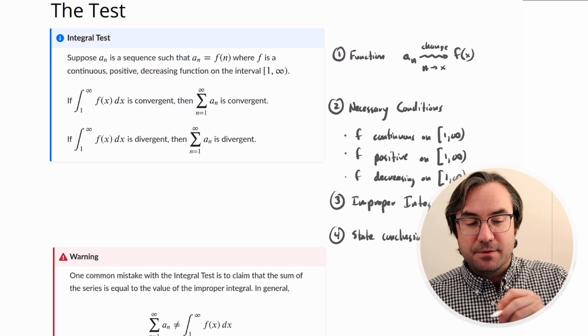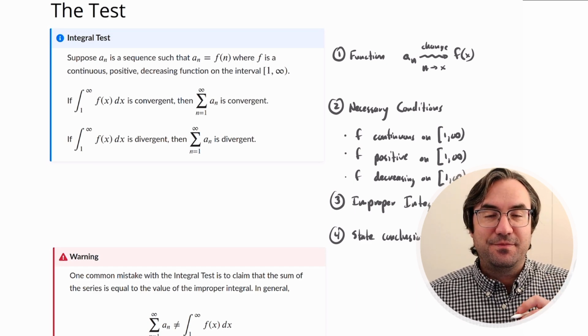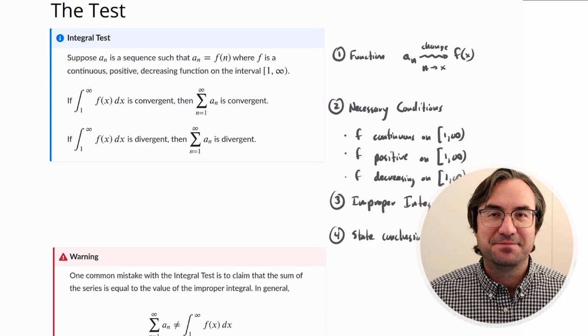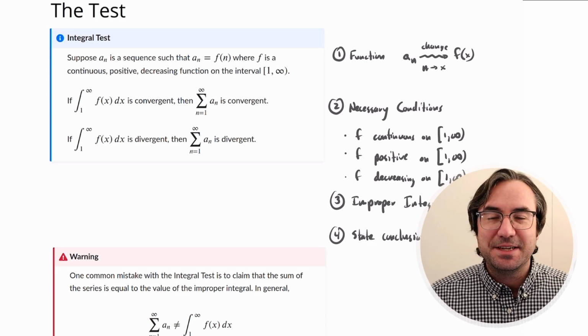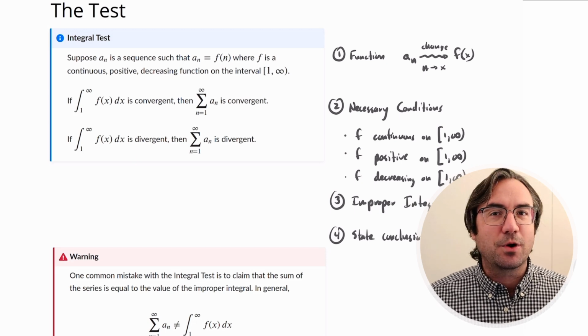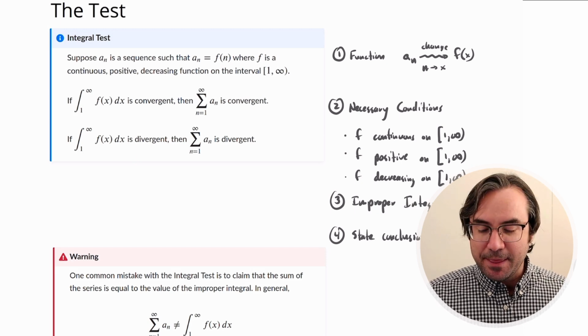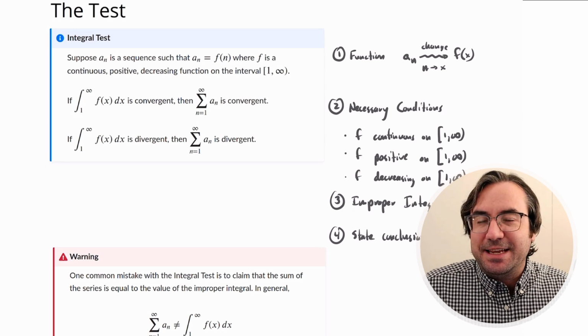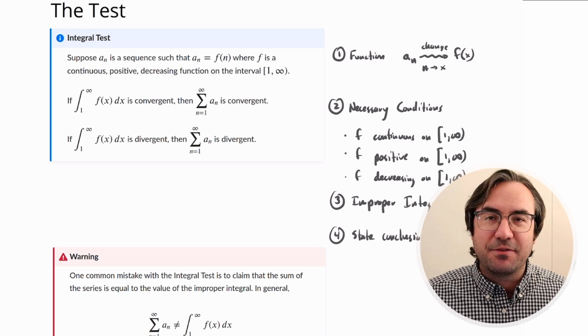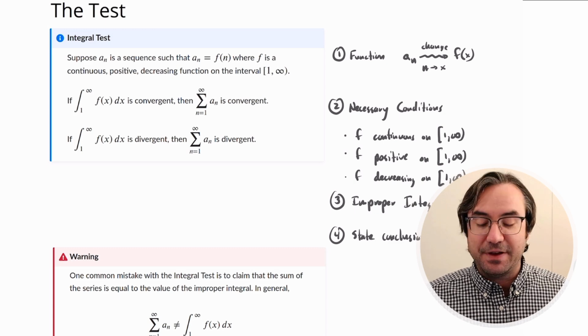Now one thing seems obvious, but it's not always obvious when we're dealing with more complicated series and sequences: in order to use this test, you actually have to be able to integrate and find the antiderivative of f of x.